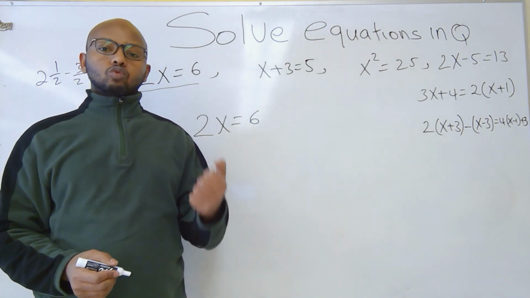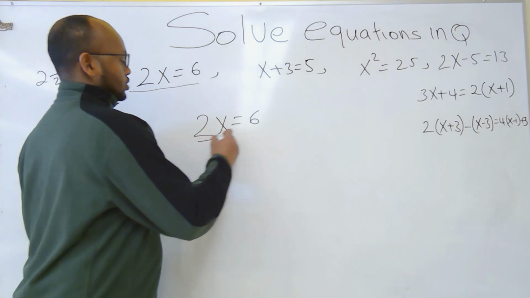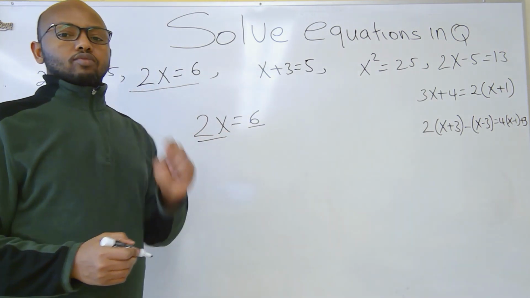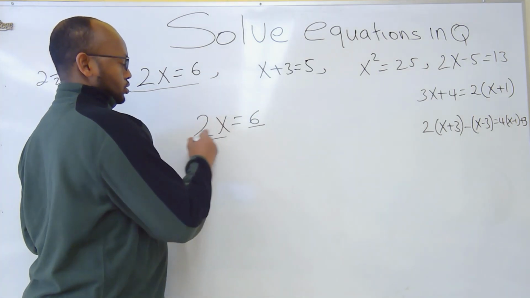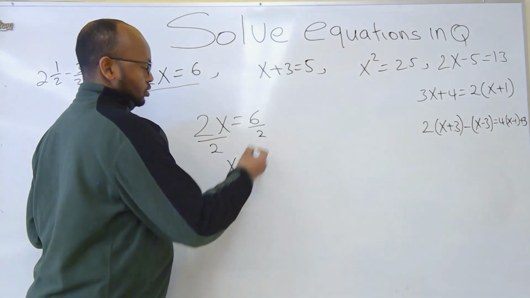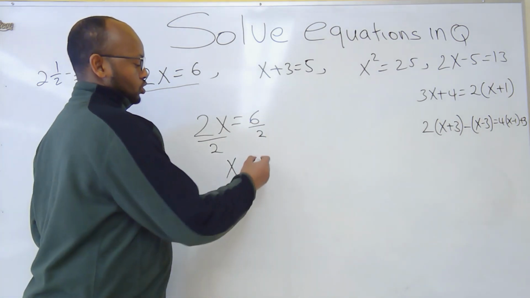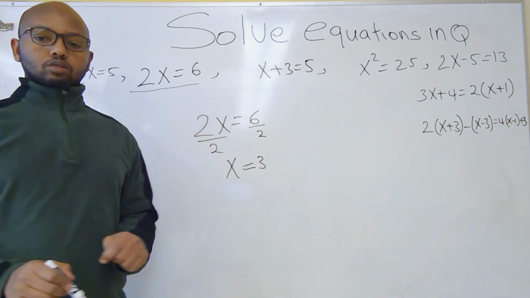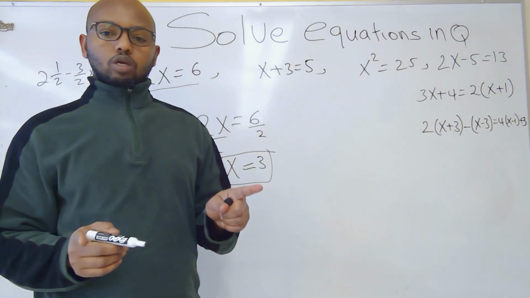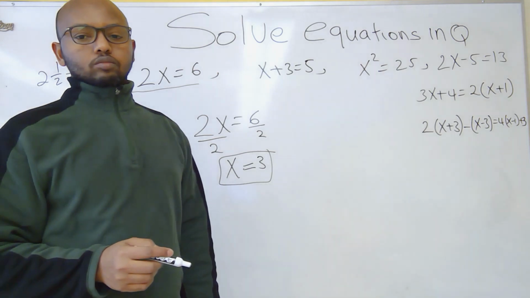So I have to divide both sides by the coefficient of the variable. This is called the coefficient. So I divide by 2 here and by 2 here. So x equals 6 divided by 2, which is 3. Done. That's the answer. If I multiply 3 by 2, the answer is 6.